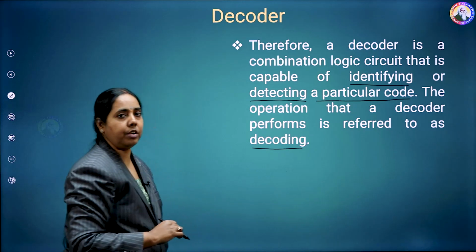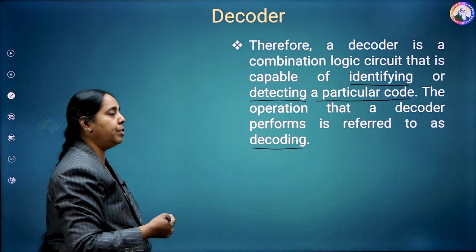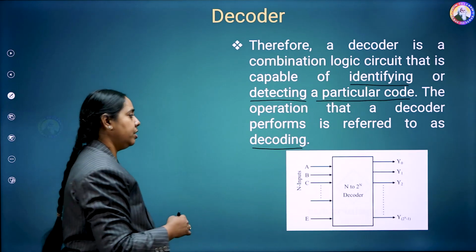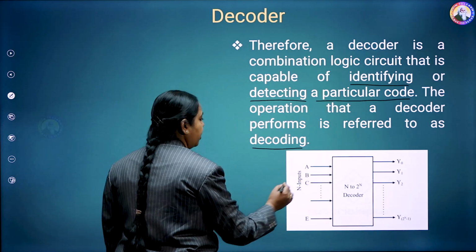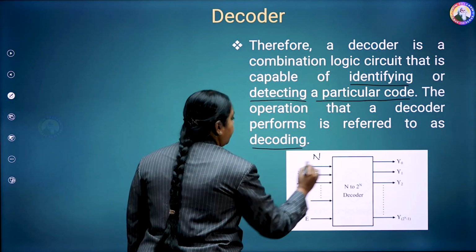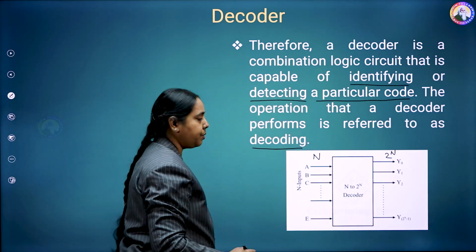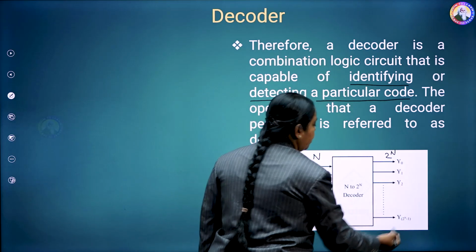The device, the decoder, that performs this operation is what performs decoding, and this is the representation of an n to 2 power n decoder. Just now we saw it converts n inputs into 2 power n outputs. That's why here you will have n inputs and 2 power n outputs.